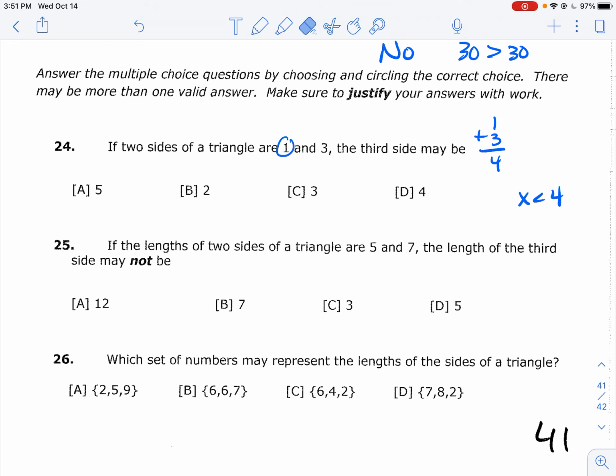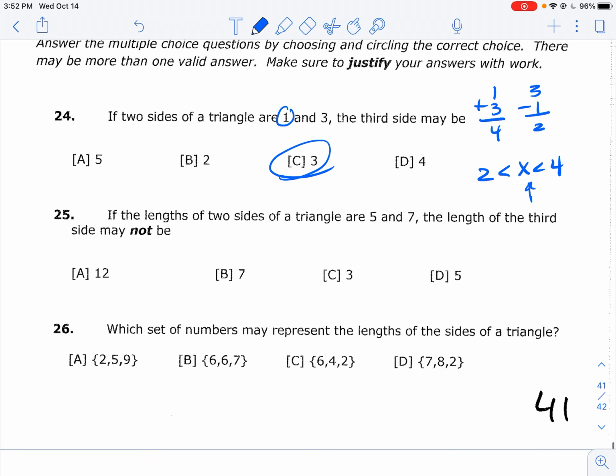Now, what if the 3 was the greater side? Well then, 3 minus 1, it would have to be greater than 2. So the third side either has to be greater than 2 or less than 4. And let's see which answers fall within that range, and that would just be C.